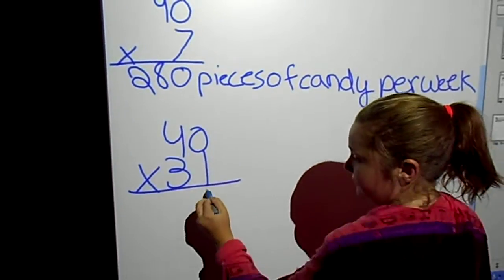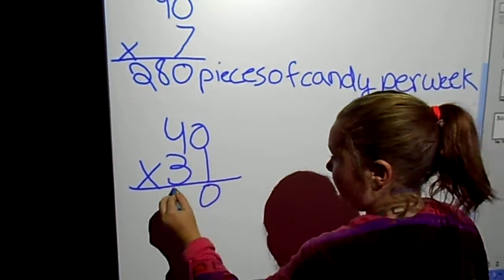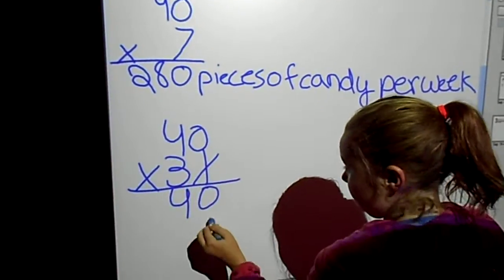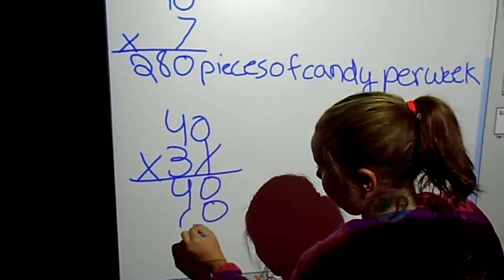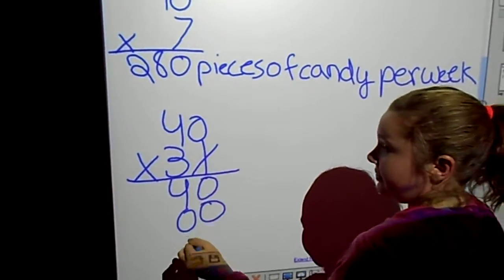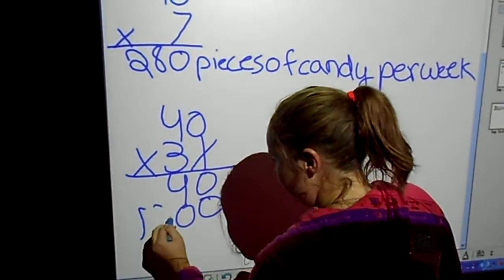So 40 times 31. So 1 times 0 is 0. 1 times 4 is 4. Cross out the 1. Put the 0 down here, and then you would do 3 times 0 is 0. 3 times 4 is 12.